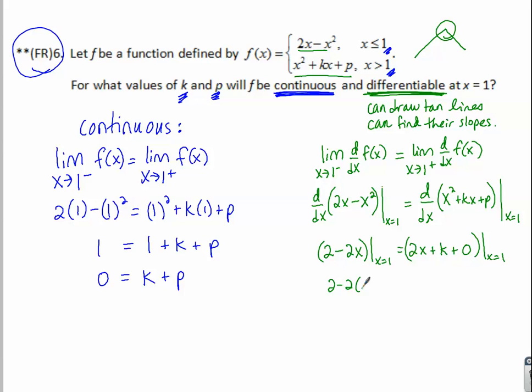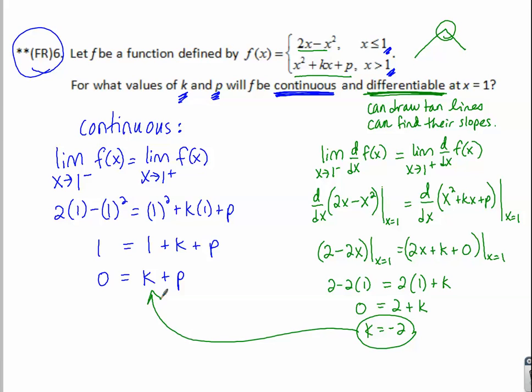So 2 minus 2 times 1 equals 2 times 1 plus k. Over here it looks like we get 0. 2 plus k, so it looks like k equals -2. Now we can use that, go plug it in on this side, and then if 0 equals -2 plus p, it looks like p equals 2.